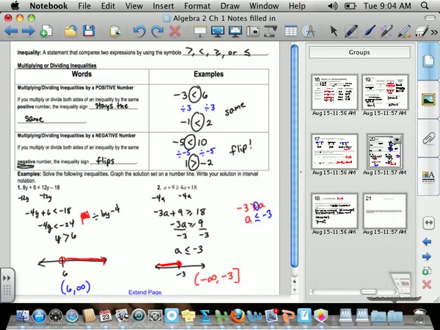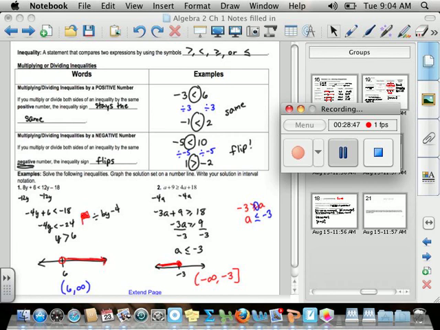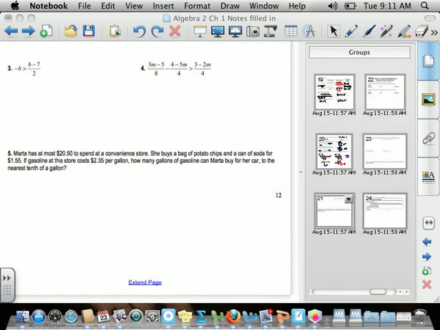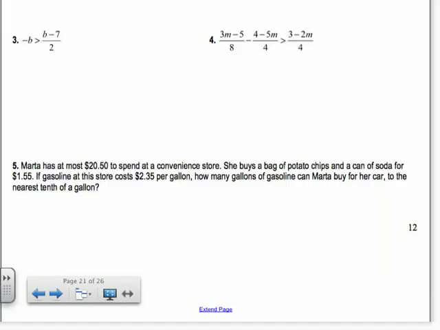All right, you good? All right, number 3 is negative b is greater than b minus 7 all over 2. Okay, the first thing I would do is clear the fractions because I don't like to see the over 2 part. So I'm going to multiply both sides by 2. So then I have negative 2b is greater than b minus 7.